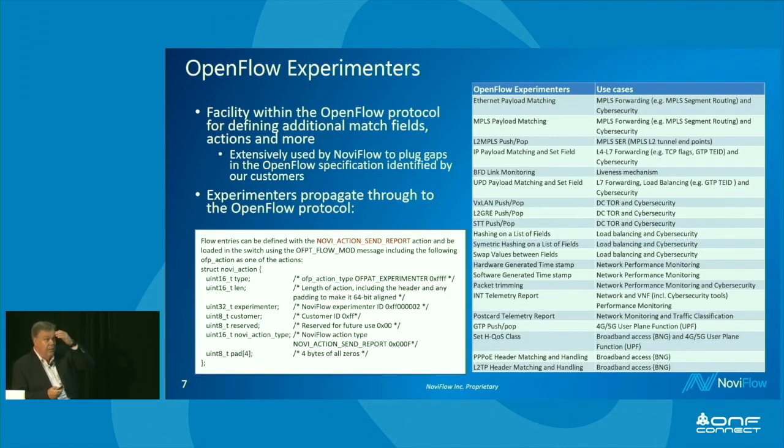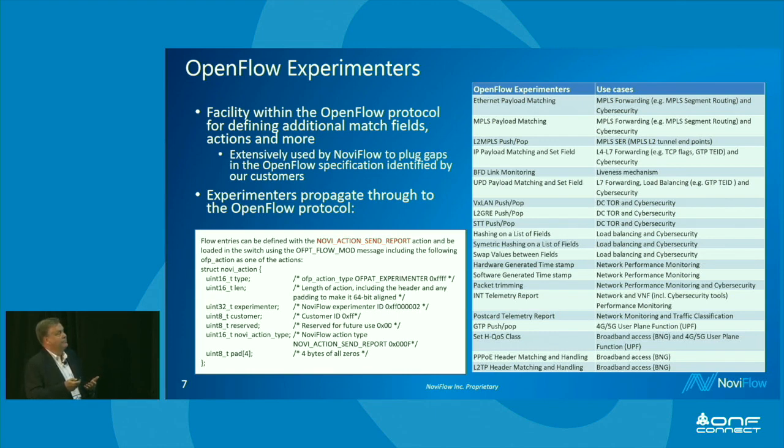Over time, from 2013 up until this year, Noviflow has been adding more and more of these experimenter extensions to fill the gaps in the OpenFlow specification that our customers identified. And if you look in the list over to the right, you see INT. We actually implemented INT in OpenFlow, so we have OpenFlow experimenters to allow you to do INT.